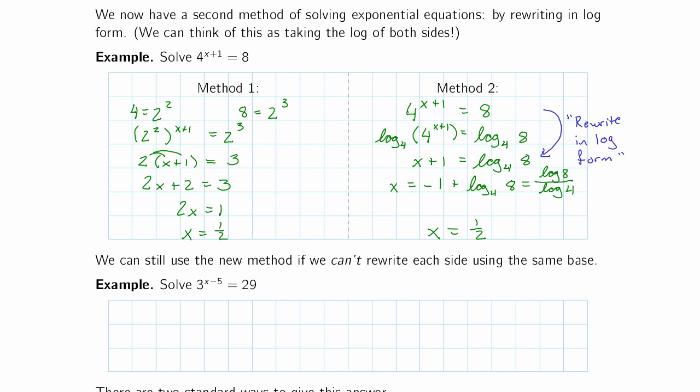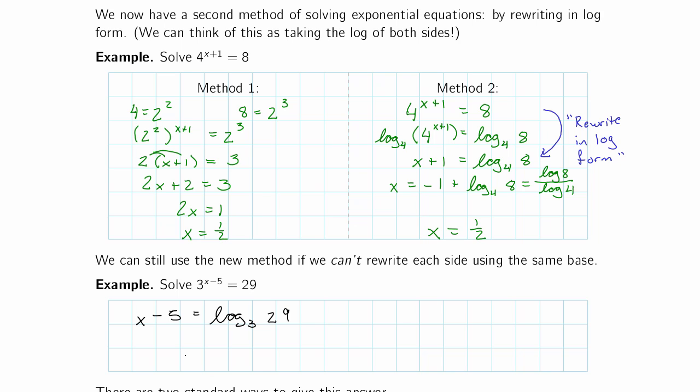Let's see how that works out in this example. We have 3 to the power x minus 5 equals 29. And so we can, as our very first move, rewrite this as x minus 5 equals the log base 3 of 29.